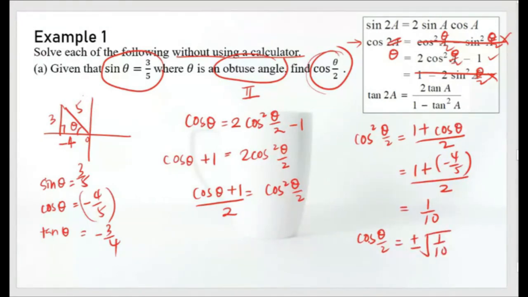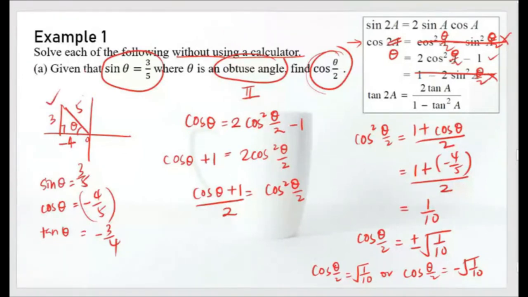But is that the answer? Does the answer have two values or not? Cos theta over 2 equals positive square root of 1/10, or cos theta over 2 equals negative square root of 1/10. Which one is correct, or both? Will the cos be positive or negative?